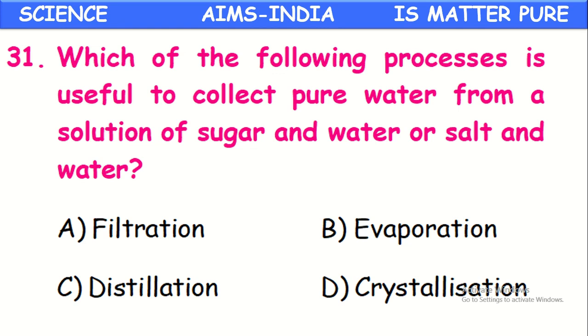But here they asked the liquid component to be separated. Pure water they need. To collect pure water from the solution of salt and water or sugar water, we need to follow the distillation process. In distillation, what happens? That mixture of sugar and water or salt and water will be heated at a fixed temperature.